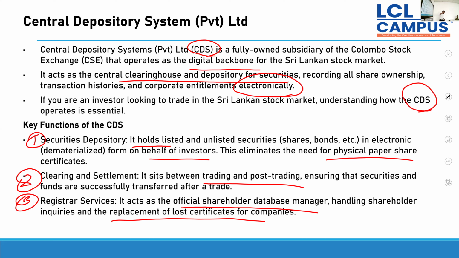What are they? Securities depository. What is the meaning of securities depository? Holding the securities on behalf of the company in electronic form. What is the next thing? Clearing and settlement. What is that? It ensures the successful trading.